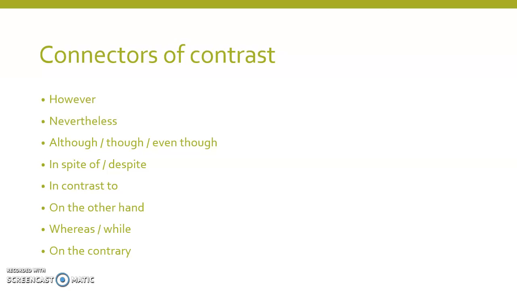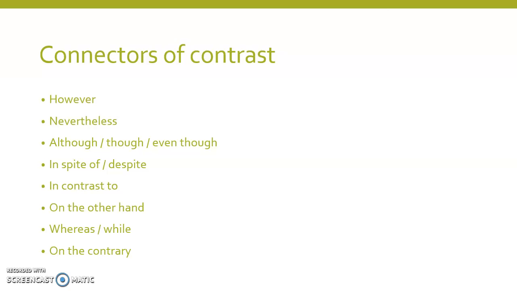Also, though and even though, for example, we are going to translate them as aunque. In spite of and despite of are going to mean a pesar de. In contrast to, that one is very clear, en contraste. On the other hand, del otro lado, en la otra mano. Whereas and while are going to be mientras. And on the contrary is also going to be por el contrario.